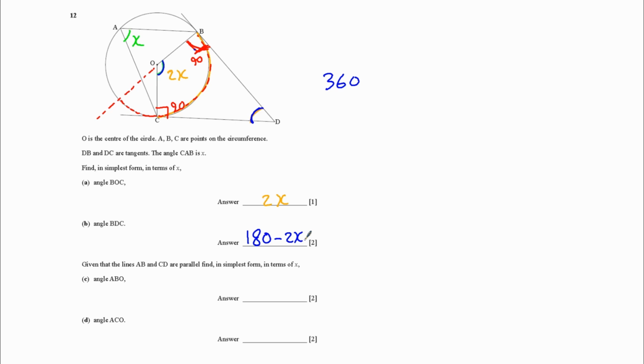Okay, for this second part, I'm going to clear this so that we can basically look at the second part. So far we know that this is 180 minus 2x, and we know that that is 2x and that's x. We want to find out this angle. And we also know that AB is parallel to CD.